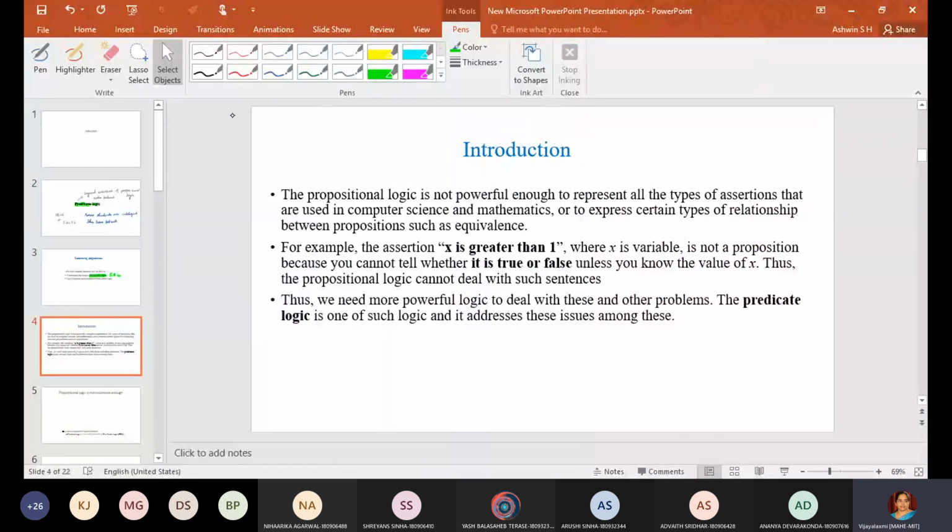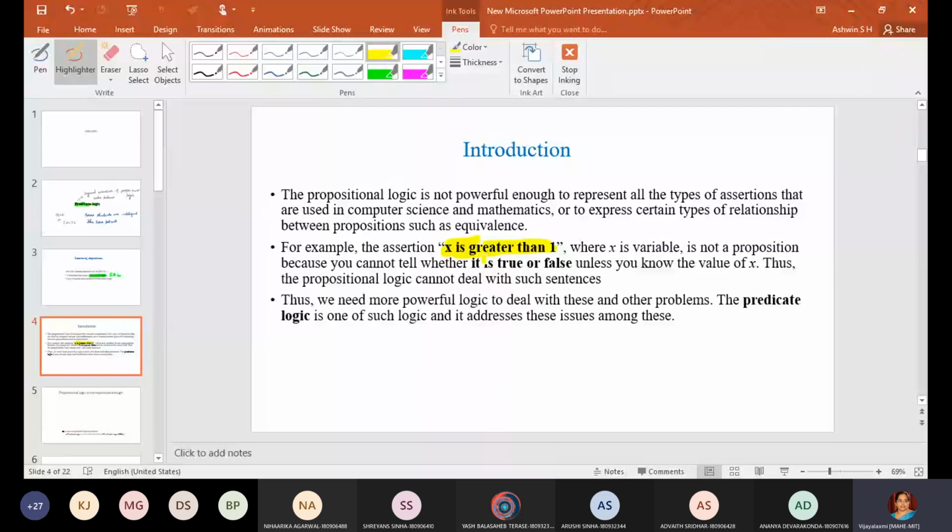Coming to the introduction, as I have told just now, propositional logic is not powerful enough to represent all the types of assertions that are used in computer science and mathematics, or to express certain types of relationships between propositions such as equivalence. For example, x is greater than 1. Here x is a variable. You cannot use propositional logic here because you cannot tell whether it is true or false.